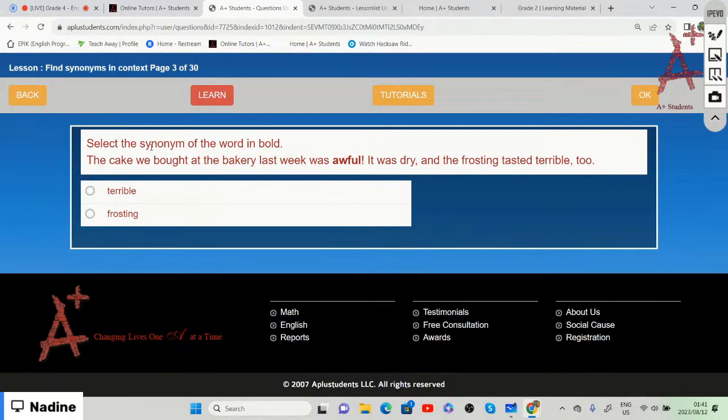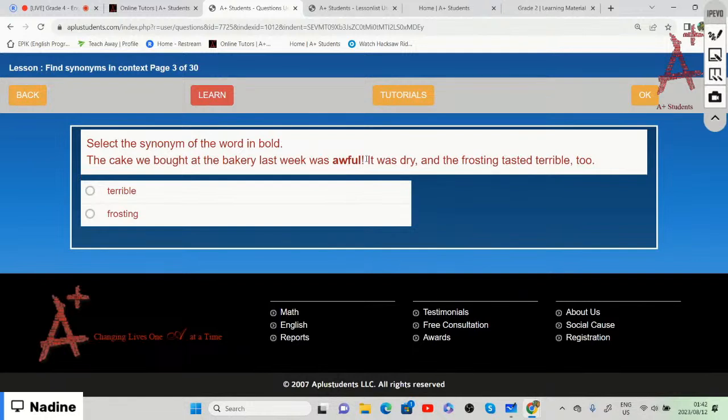That cake we bought at the bakery last week was awful. It was dry and the frosting tasted terrible too. So we need to find a word that is the same or almost the same as awful within these sentences.